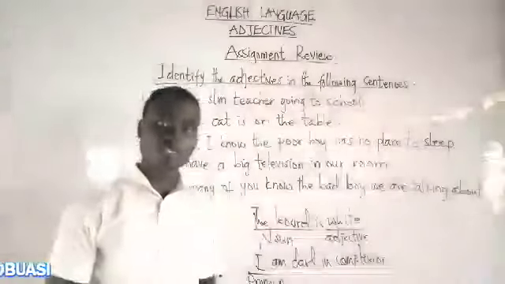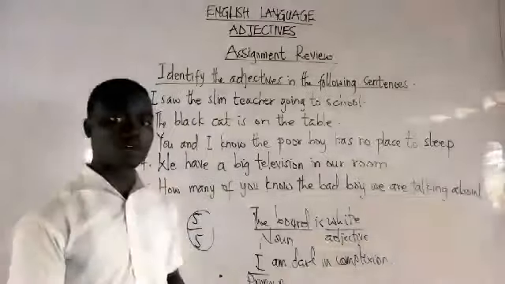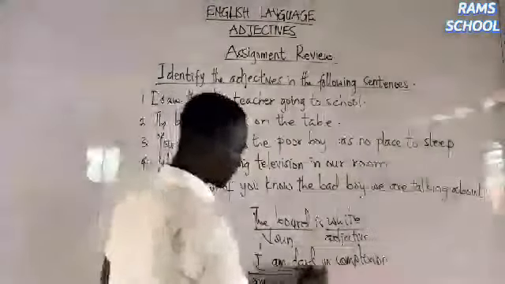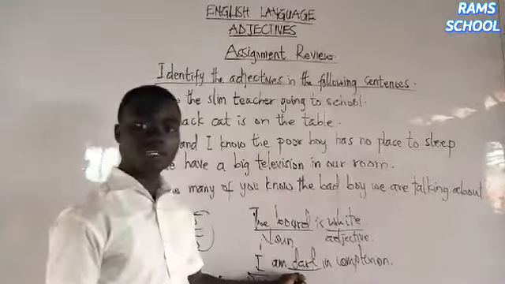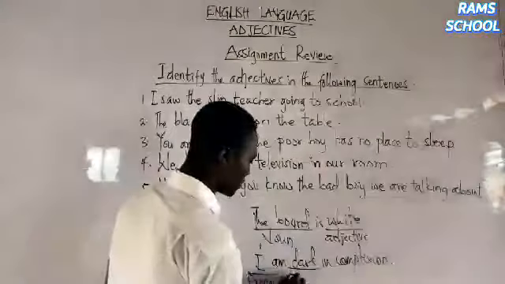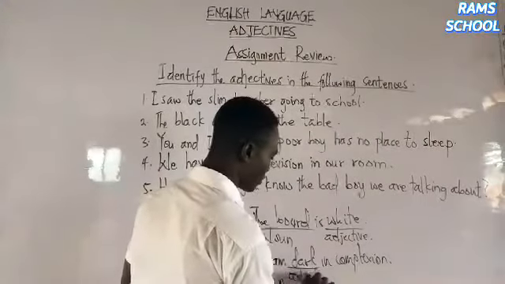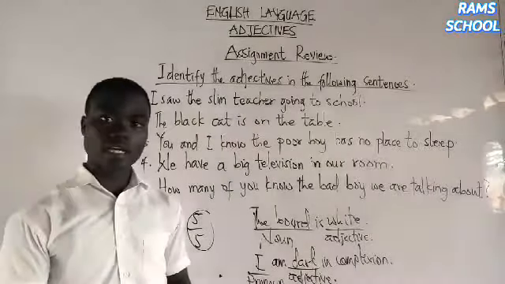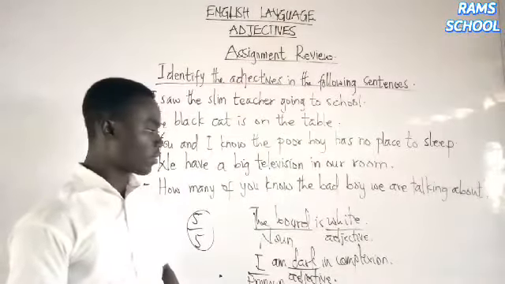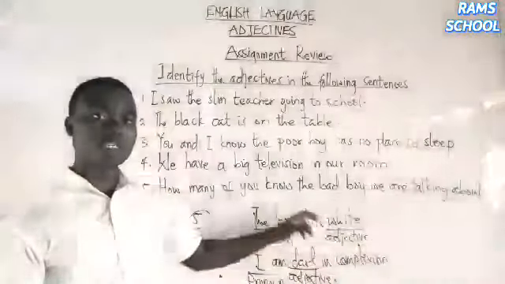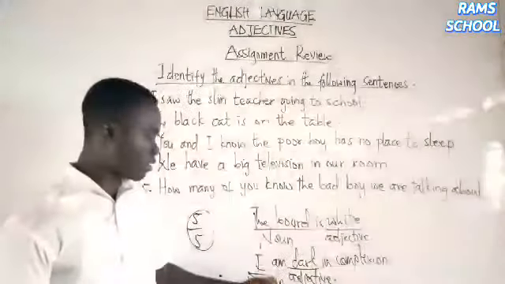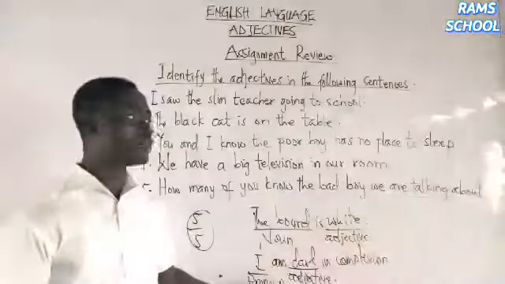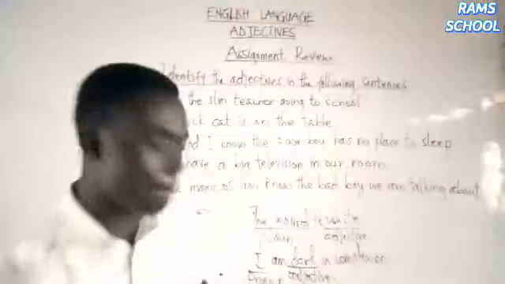And what word in the sentence is being used to describe the pronoun I? Definitely it is dark. So the dark here serves as the adjective. So that creates the definition of an adjective: a word that is used to describe a noun or a pronoun. Are you okay? Okay, let's go through the assignment.